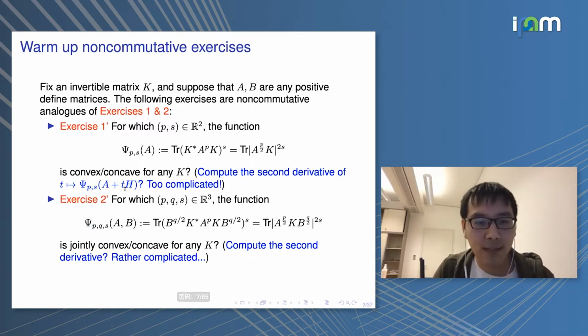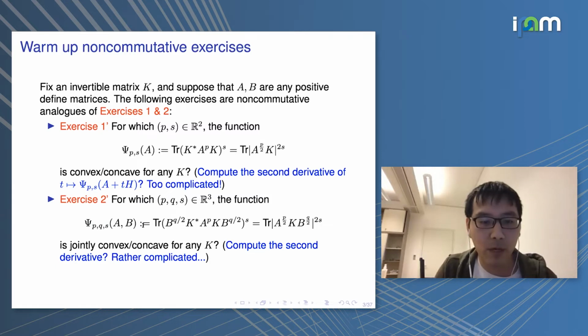It becomes rather complicated for the following exercise 2 prime, which is a noncommutative analog of exercise 2. And this family of trace functionals is the main focus of this talk.